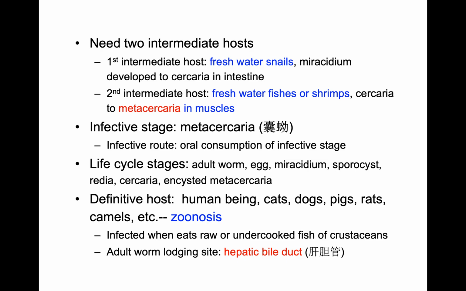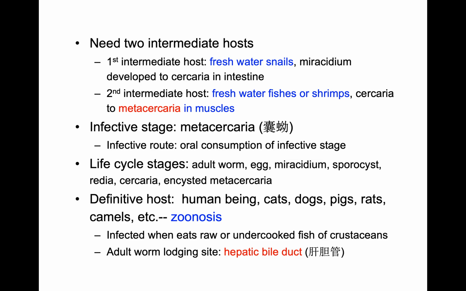In the second intermediate host, the Cercaria developed into Metacercaria in the muscles or in the skin. And the infective stage for this liver fluke is the Metacercaria. The infective route is oral consumption of the infective stage.